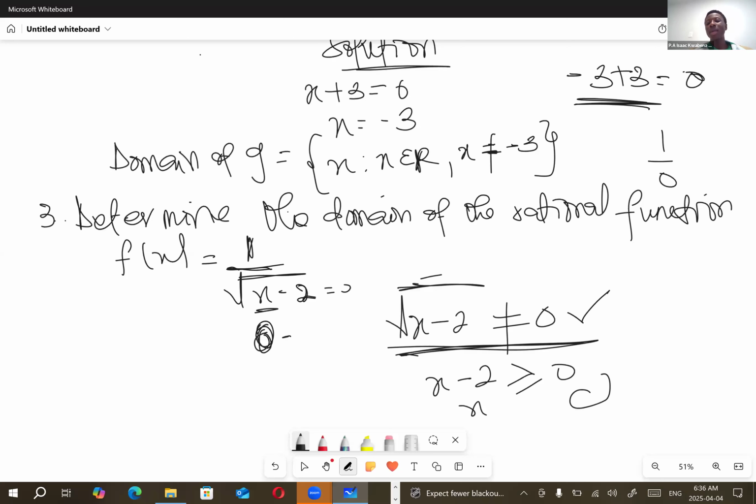It's part of the domain. Any number which is greater than 0 or equal to 0 is part of the domain for this expression. So you are using a wrong sign.